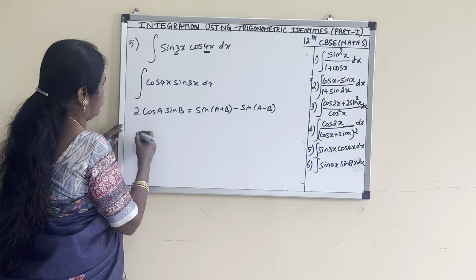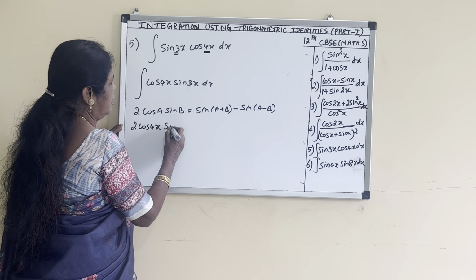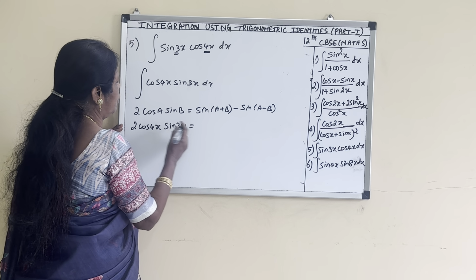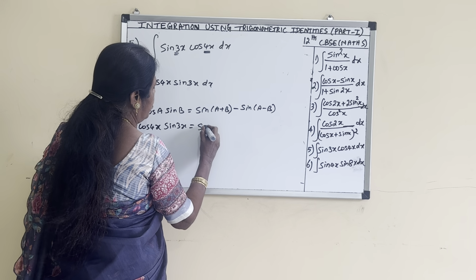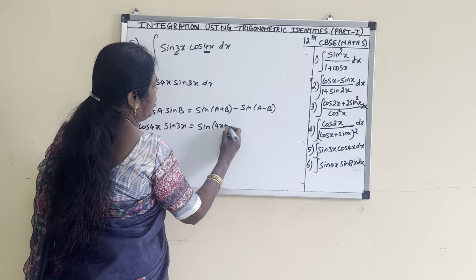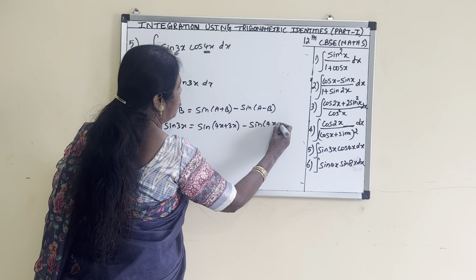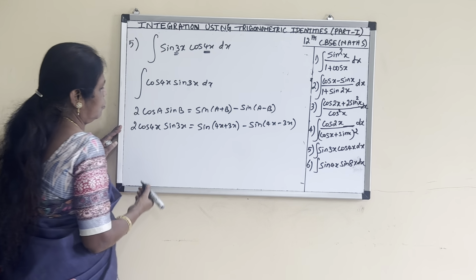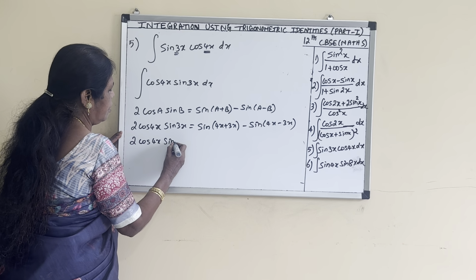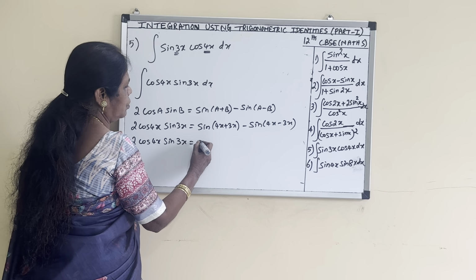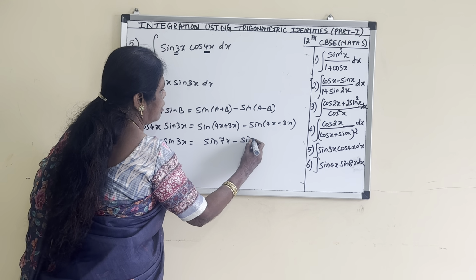So 2 cos 4x sin 3x is equal to, replacing a by 4x and b by 3x, sin of 4x plus 3x minus sin of 4x minus 3x. So 2 cos 4x sin 3x is equal to sin 7x minus sin x.